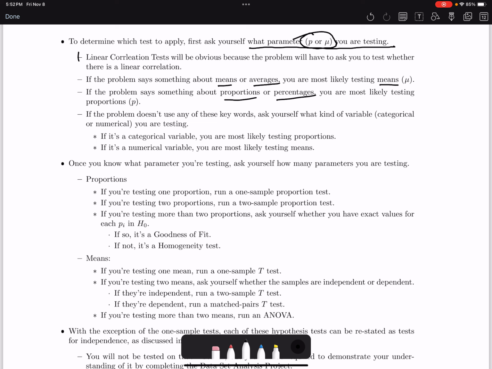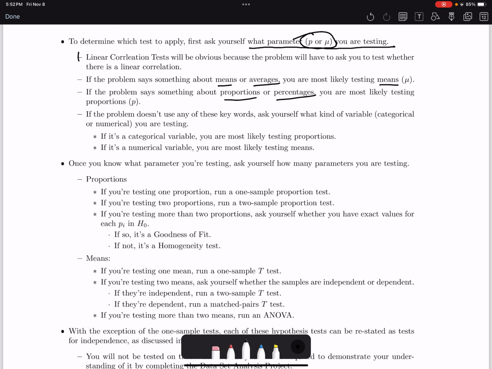Now, if the problem doesn't use any of those keywords, then I find a really good way to decide what parameter you're testing is to try to imagine what kind of variable you are testing. Try to imagine what the raw data would look like, okay? To help you answer what kind of variable you're testing. Because if you're testing a categorical variable, then the values would not be numbers, right?